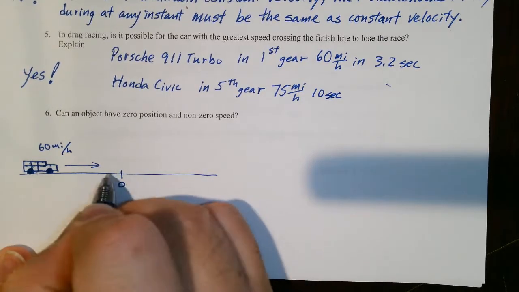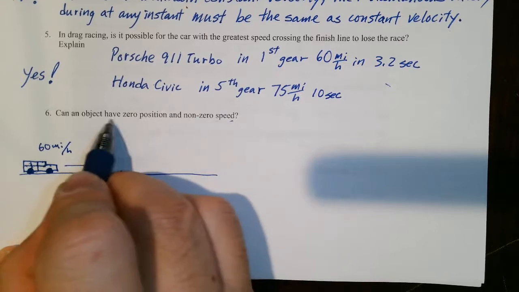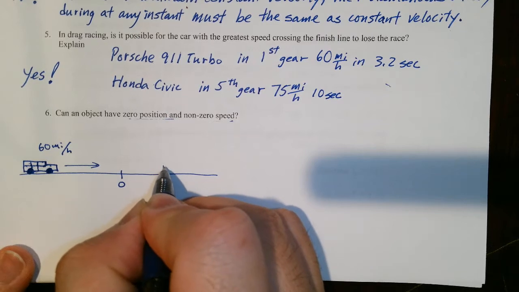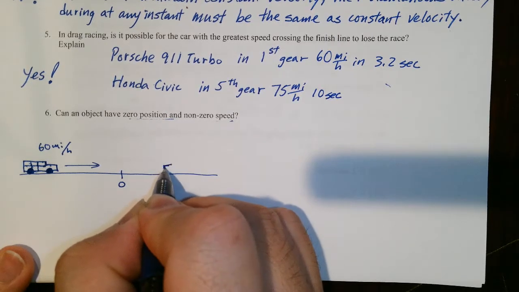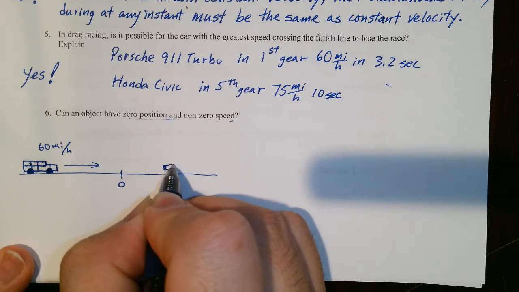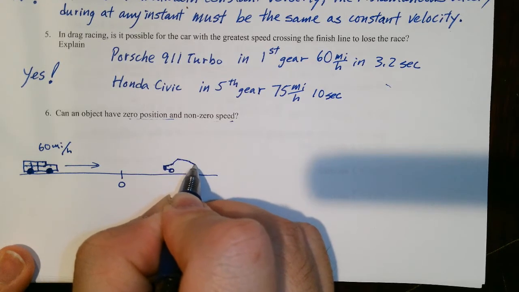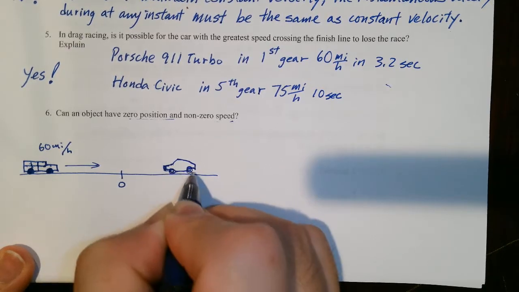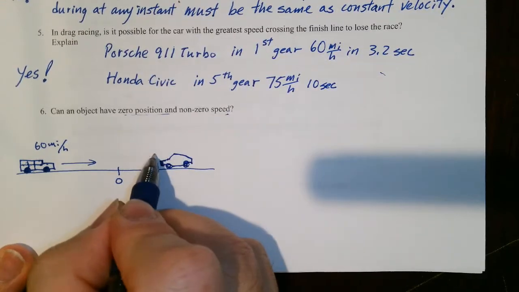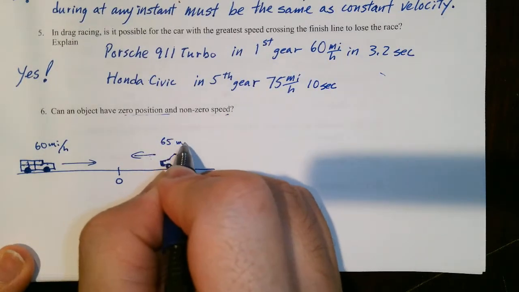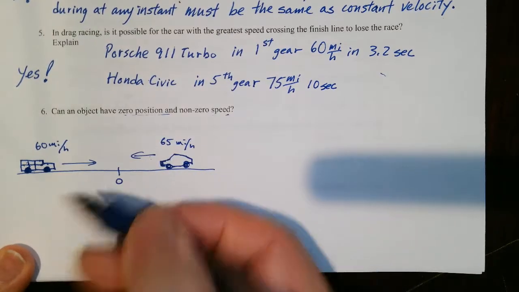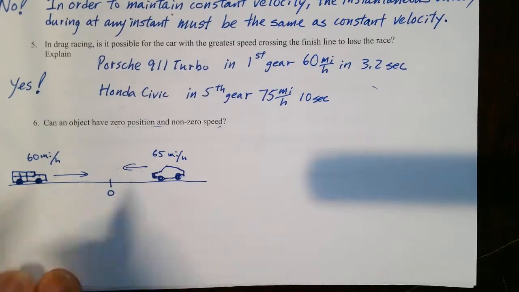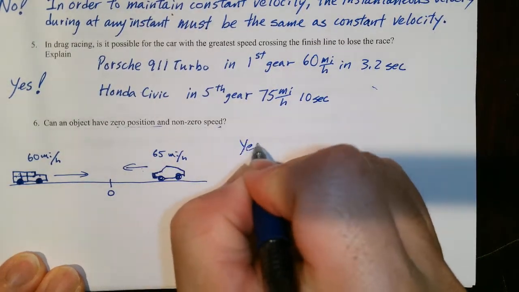So when I'm at the zero position here, I have non-zero speed and position being zero. Or I could go the other way, with the car going this way at 65 miles per hour, and then going through the zero position at 65 miles per hour, I can have zero position and non-zero speed at this location. So the answer is yes.